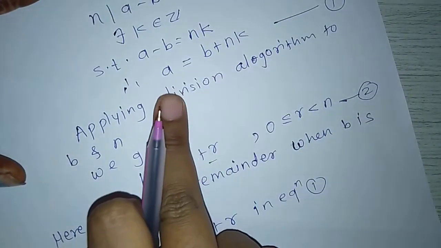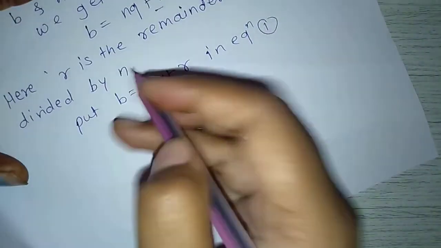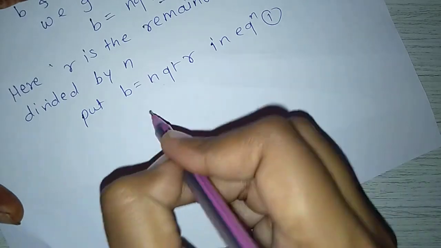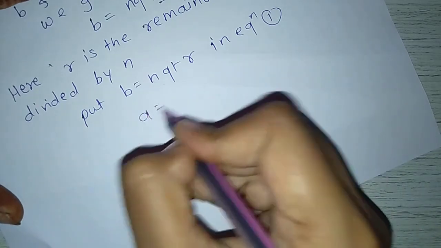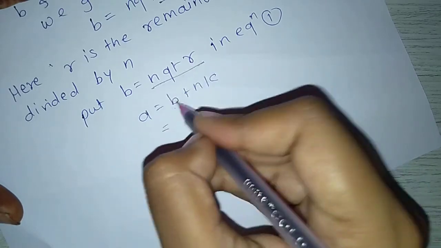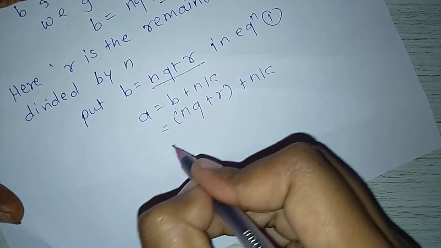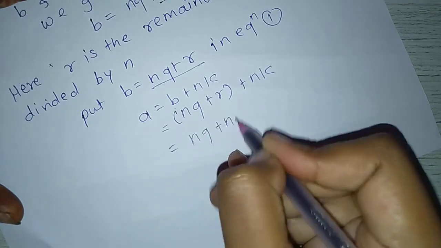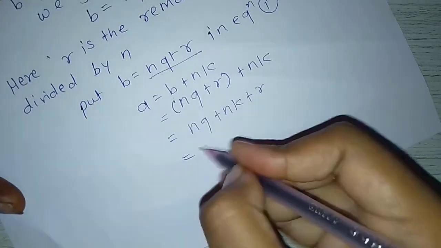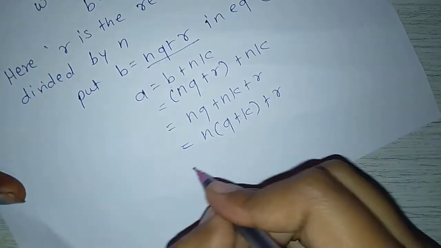Equation number 1 is a equal to b plus nk. Therefore a equal to b plus nk equal to nq plus r plus nk, which is equal to nq plus nk plus r. Take n common, n into q plus k plus r.